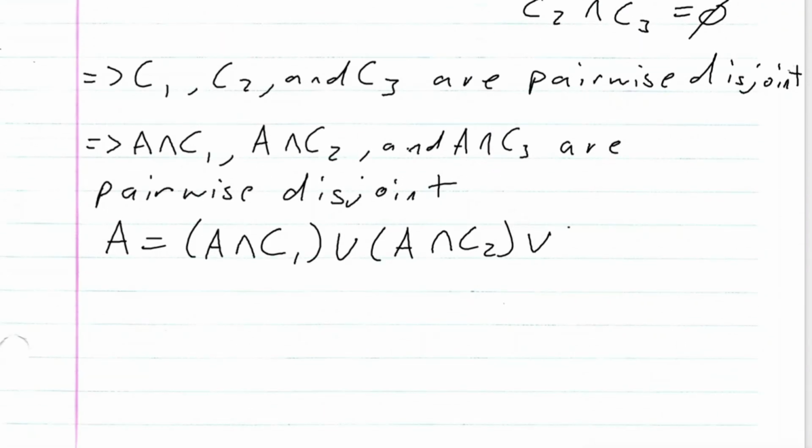Since we know that A intersection C sub 1, A intersection C sub 2, and A intersection C sub 3 are pairwise disjoint, that means each of these sets are mutually exclusive.